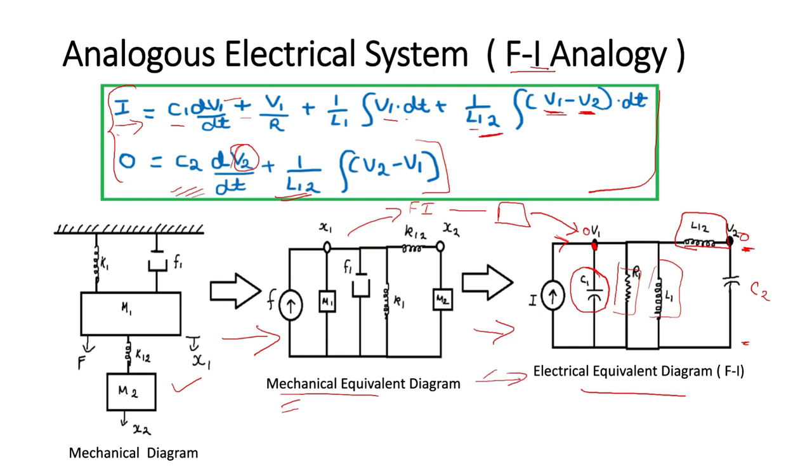Instead of following this whole process, in this case only, not in force voltage, in force current analogy, you can first draw its mechanical equivalent diagram, and then you can just replace the terms M1, K1, F1 and M2 by their equivalent force current analogy terms, and you will get the equivalent diagram. There is no need to write the equation and then form, as the force current analogy diagram and nodal diagrams are the same. So you can use this trick to solve questions easily in less time, and that's why force current analogy is asked more, because of this similarity.